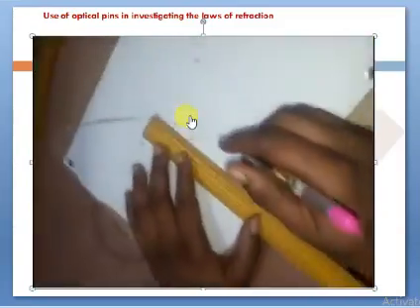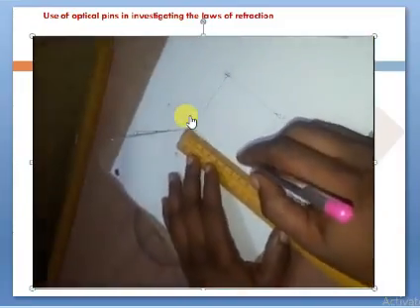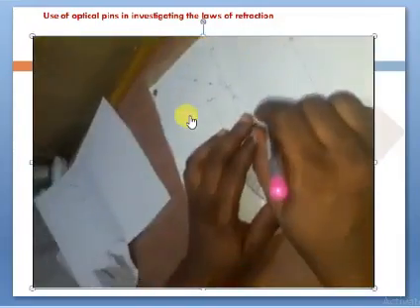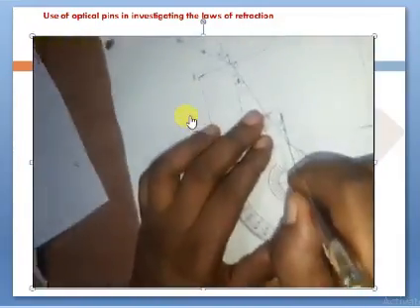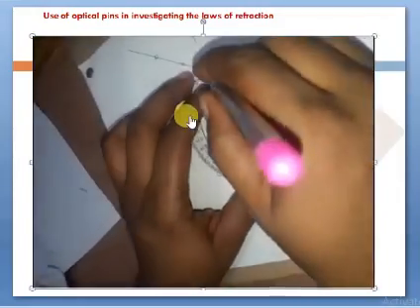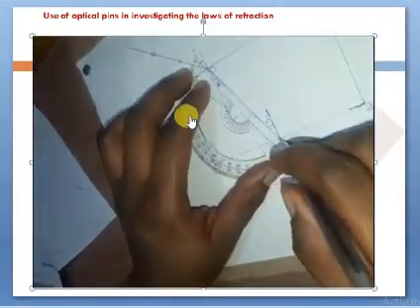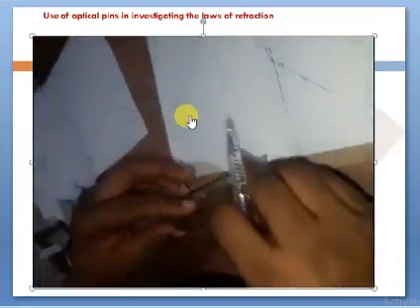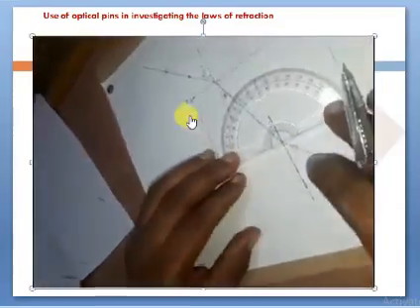A straight line will represent your what? Normal. Then you join the two other ones, and that is your OR, or you can give any labeling.